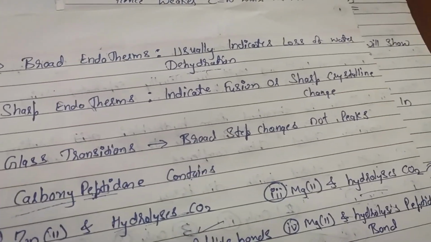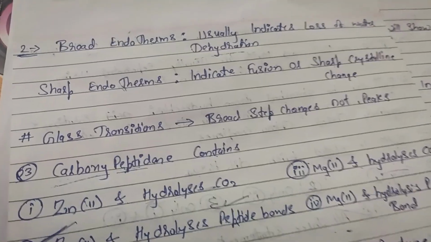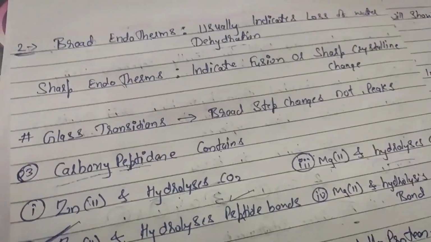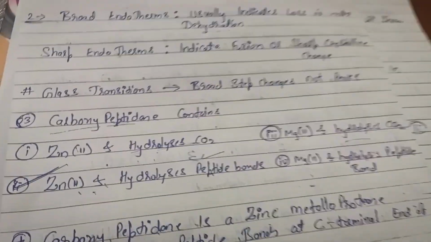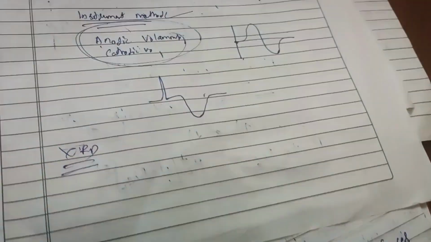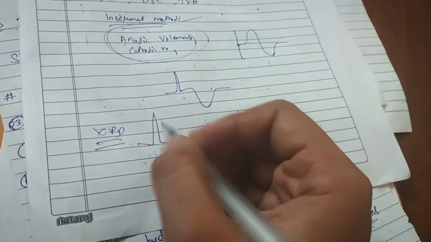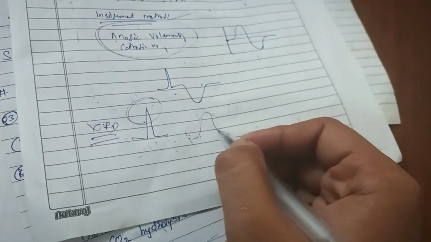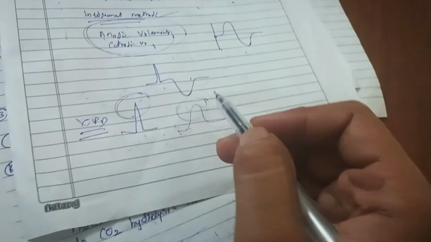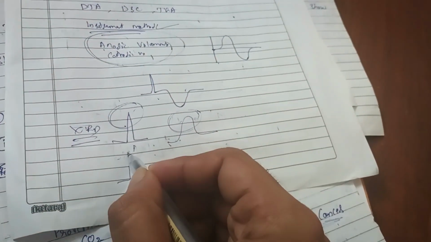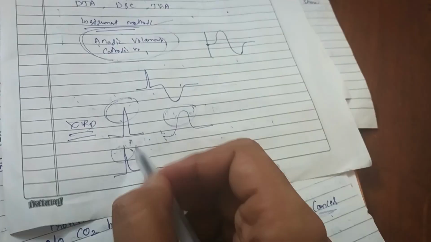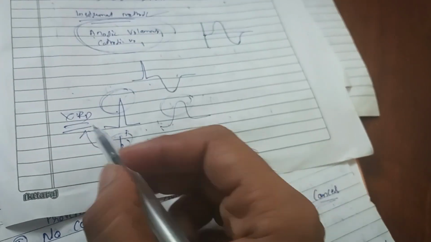Broad endotherms usually indicate the loss of water, so dehydration, and the sharp peak indicates sharp crystalline changes. You can take this as a hint. In XRD also, a sharp peak indicates crystallinity and a broad peak indicates amorphous. This is extra knowledge. This sharp peak indicates crystallinity in XRD also.